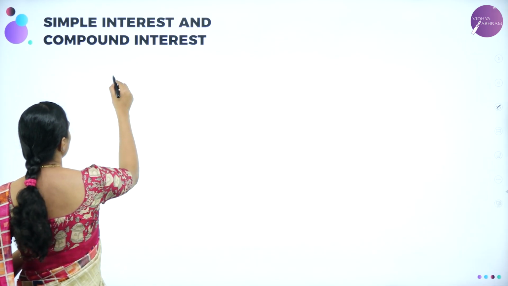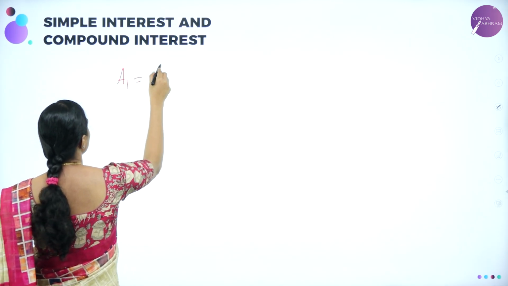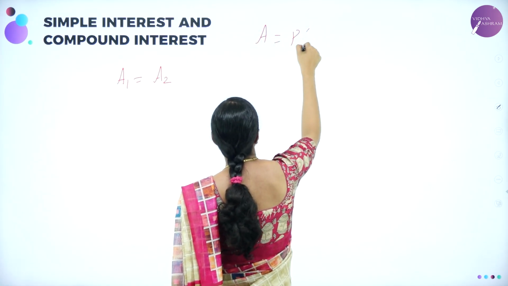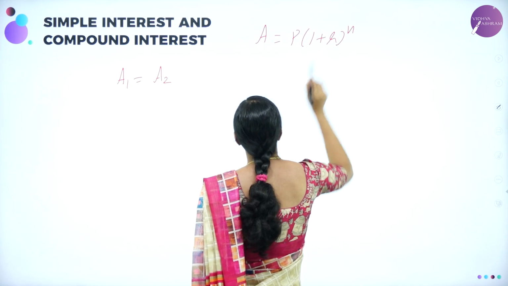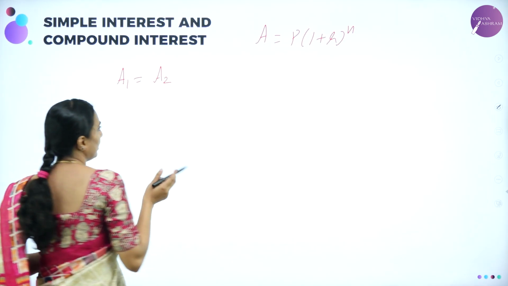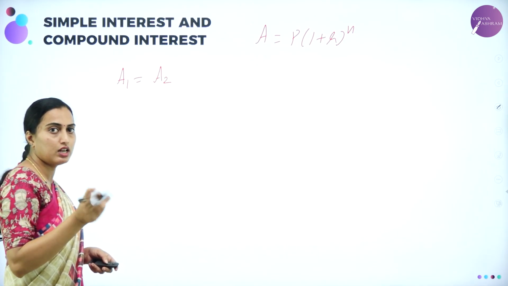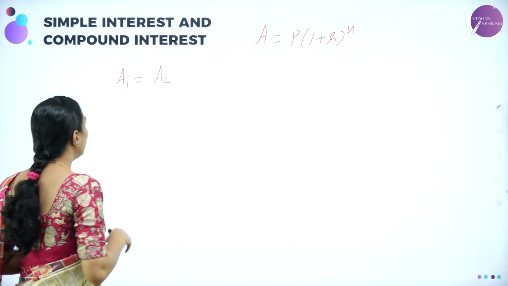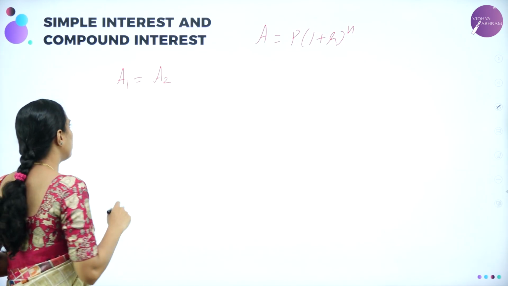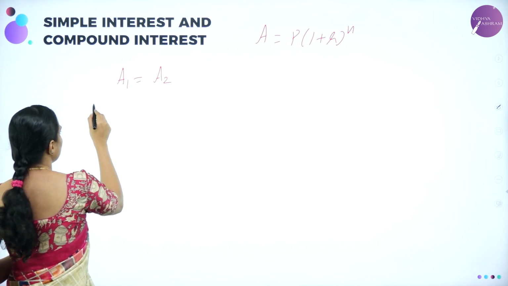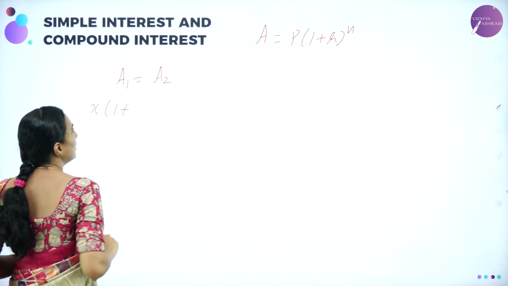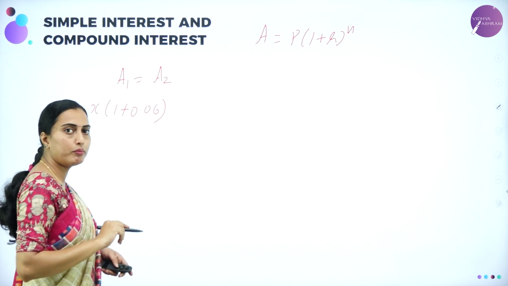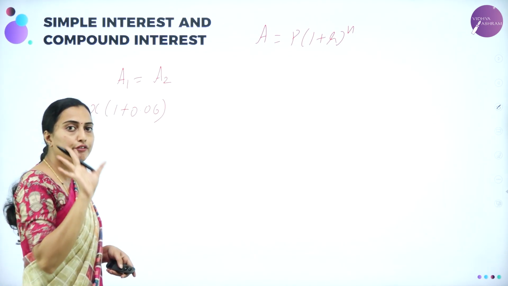So let me call A1 is equal to A2. Now A is given by the formula P into 1 plus R to the power of N. Therefore, A1 I am going to take as the 16 years age person, and A2 as the 19 years age person. The principal amount I have considered as P, which is X, into 1 plus R, which is 0.06, whole to the power of N, which is from 16 to 21, 5 years.